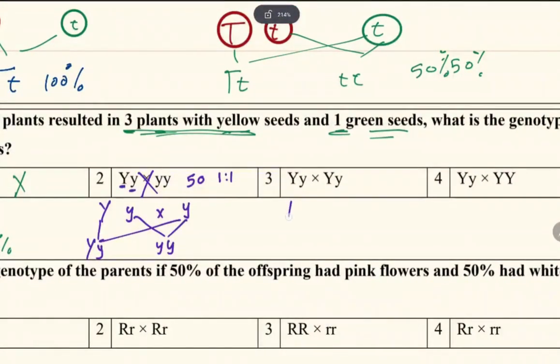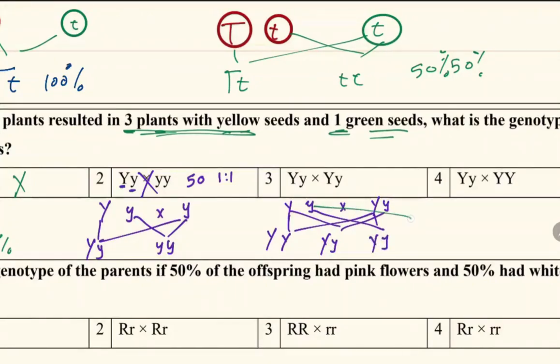How many gametes? Y capital Y small, and here Y capital Y small. The first with the first, Y capital Y capital. The first with the second, Y capital Y small. The second with the first, Y capital Y small. And the last one with the last one, Y small, Y small.